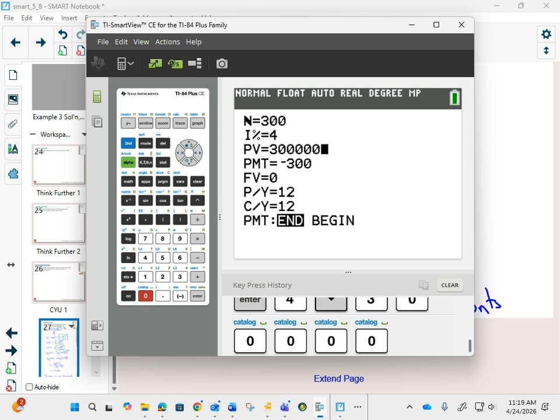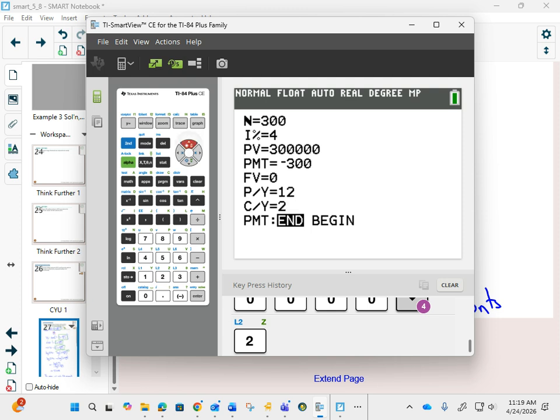That goes in as a positive number because you get the house. In the future, you want it to be zero. Actually, in Canada, it is a requirement that mortgages are only compounded twice per year. So even though I'm making monthly payments, it's only compounded twice per year. And in the future, it's gonna be a value of zero.